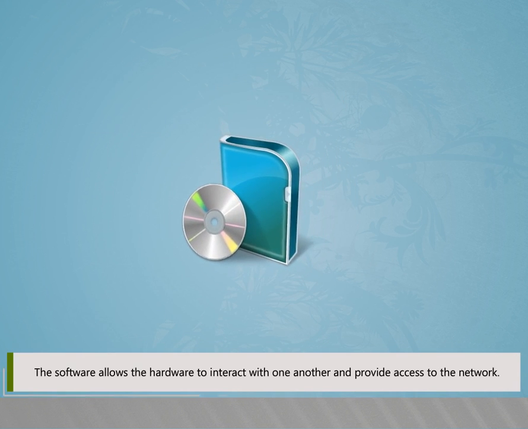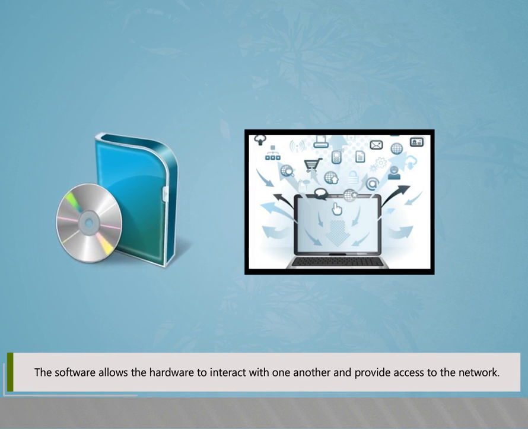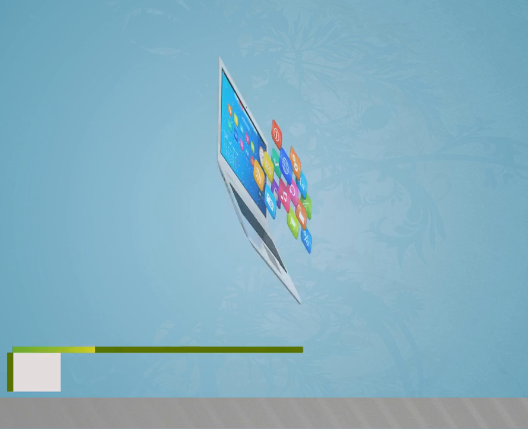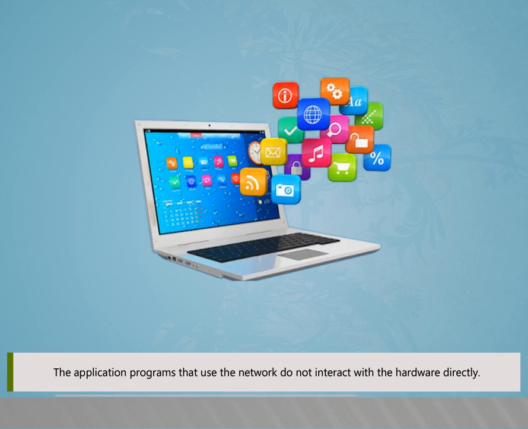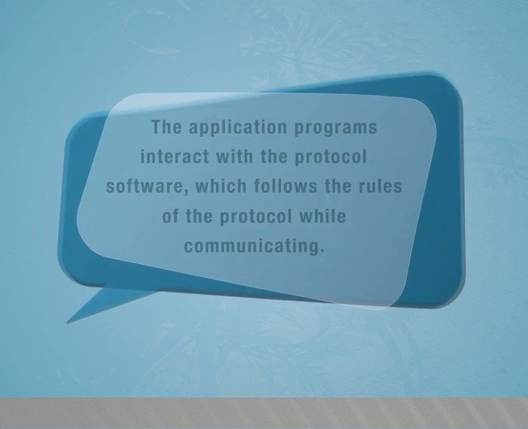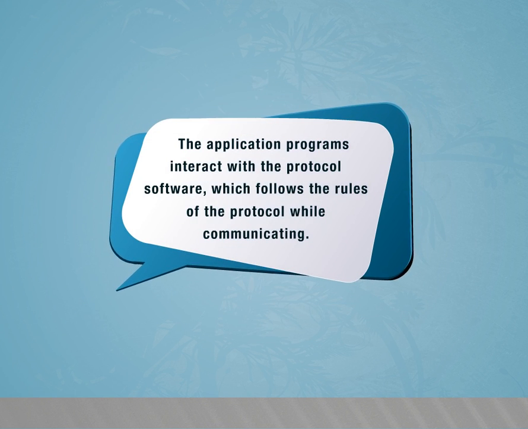The software allows the hardware to interact with one another and provides access to the network. The application programs that use the network do not interact with the hardware directly. The application programs interact with the protocol software, which follows the rules of the protocol while communicating.